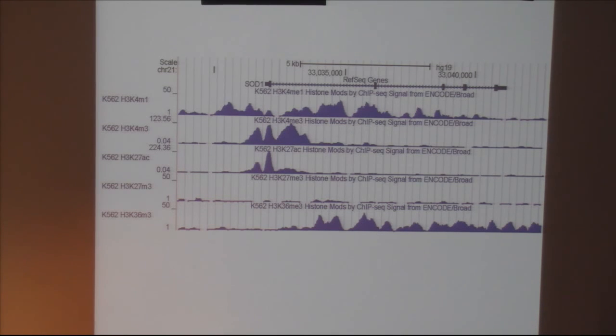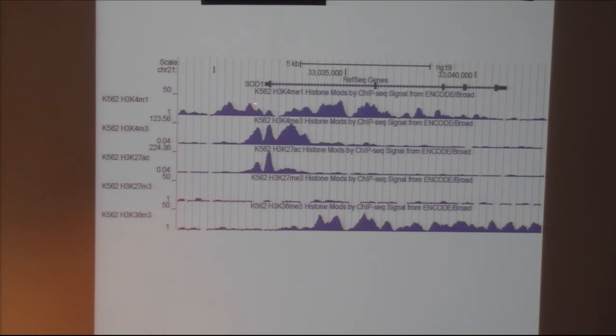And in recent years, people have determined the levels of these histone modifications in the genome for many different cell types. So this K562 is a cell type. H3 lysine 4 monomethylation is one of the histone modifications. And this is the amount of this modification along the DNA. Up here we have a gene. The transcription starts here.